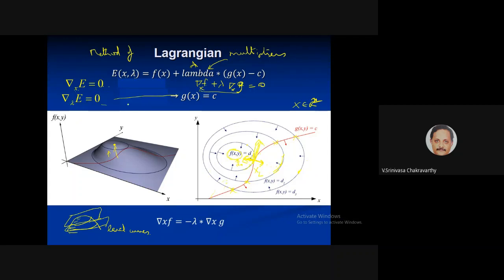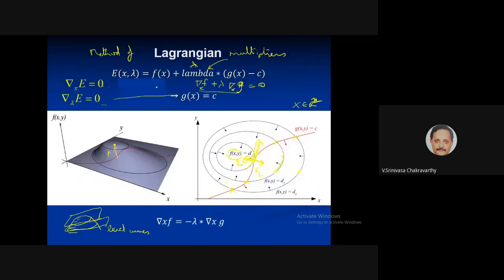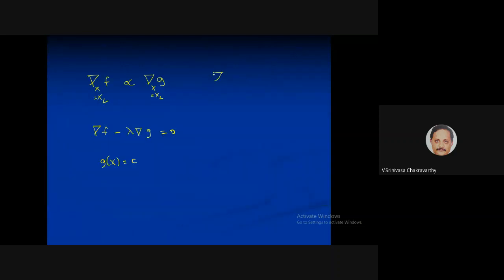Okay, if you differentiate this whole thing, del of e with respect to x will be equal to del of f with respect to x plus lambda into del of g of x minus c, which is equal to del f plus lambda del g. c is a constant, so I can ignore that.